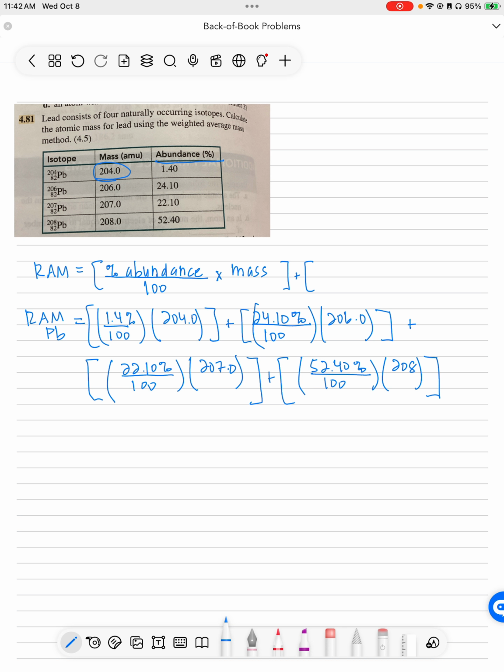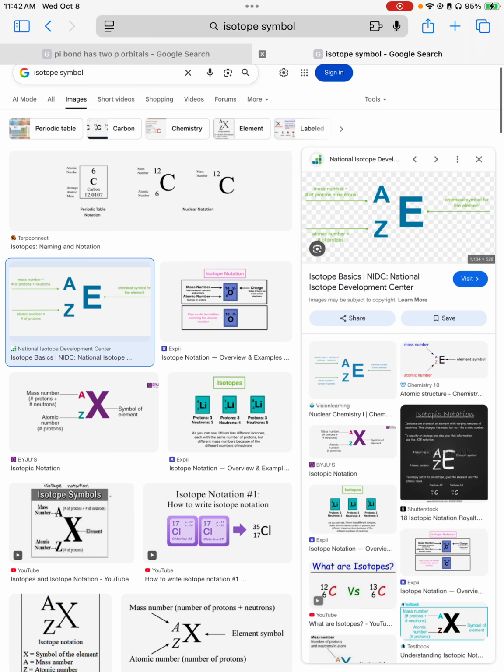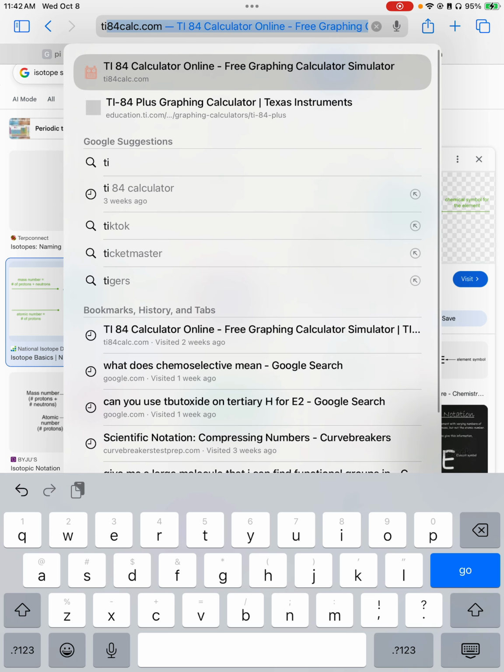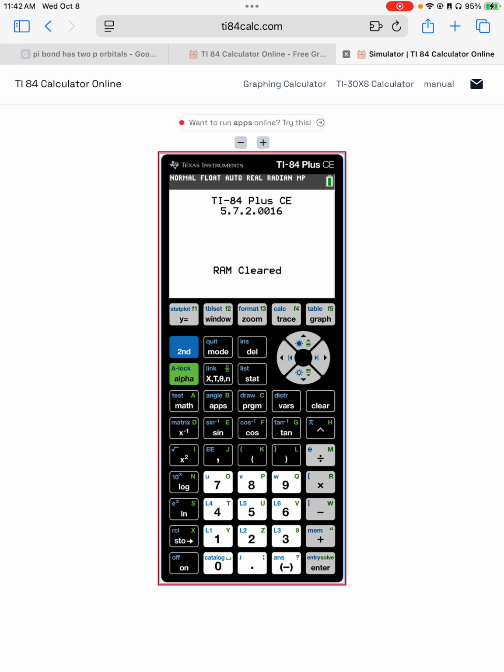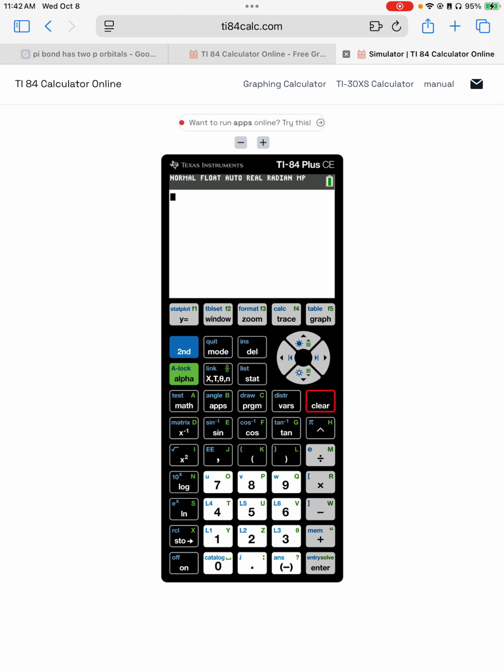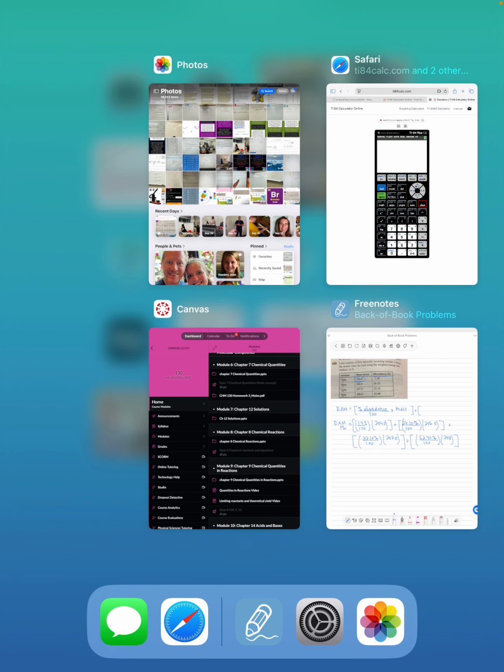So we want to do 1.4 divided by 100 times 204. And remember to use your parentheses for all of this. In fact, let's just go ahead and pull up a TI calculator and do it together. All right, so we're going to have to pop back and forth.